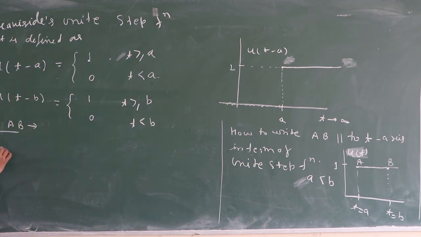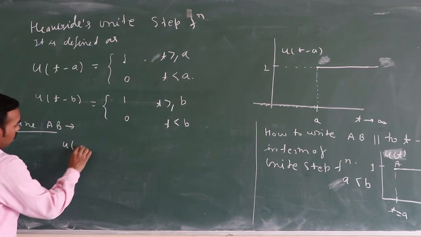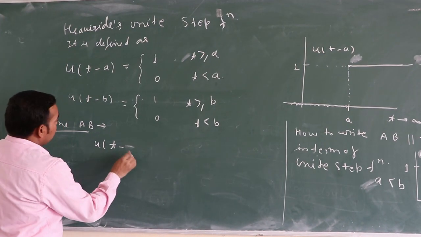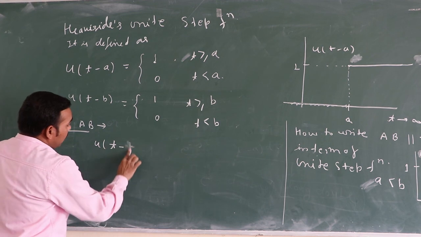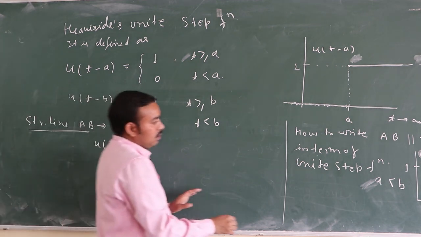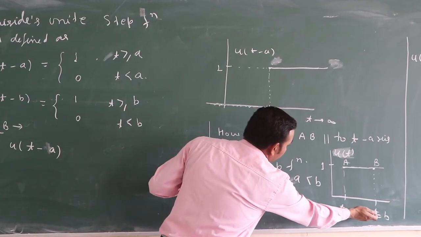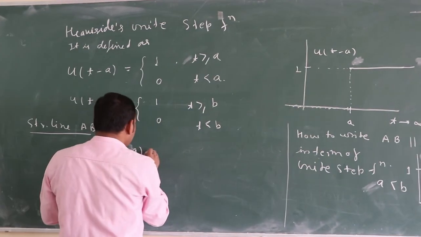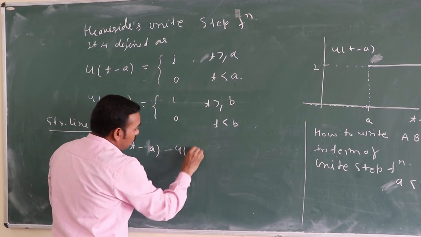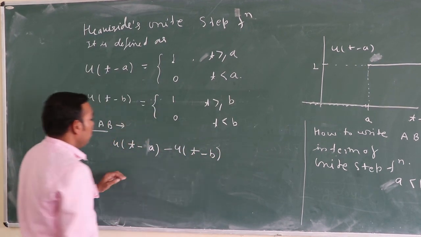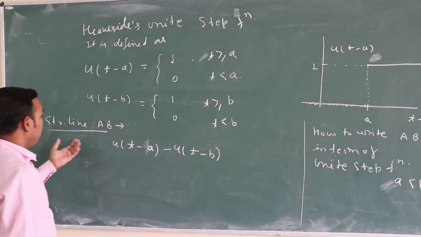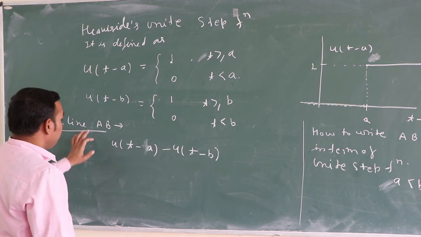That means u(t minus a) minus u(t minus b) is the straight line AB.